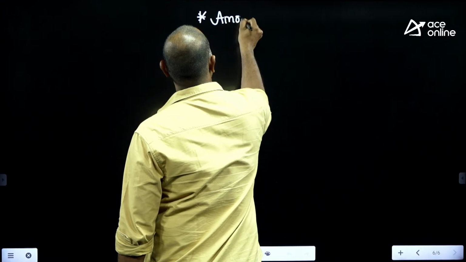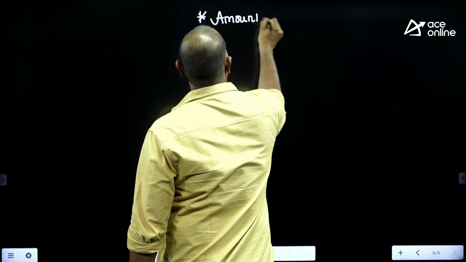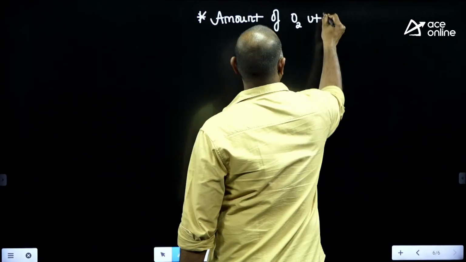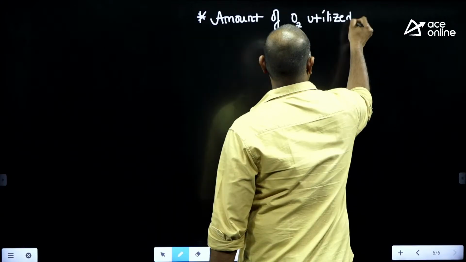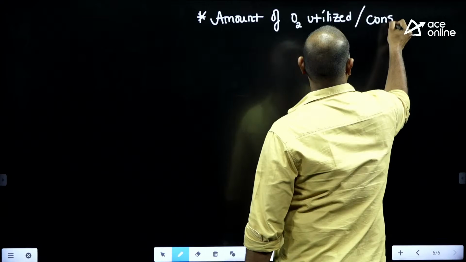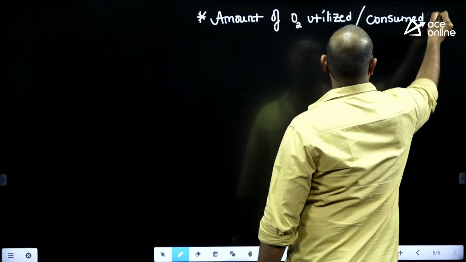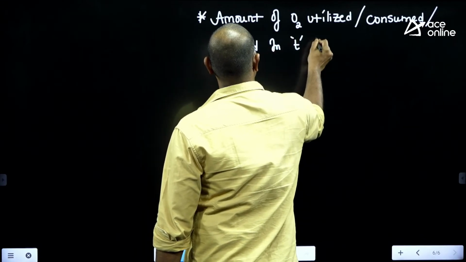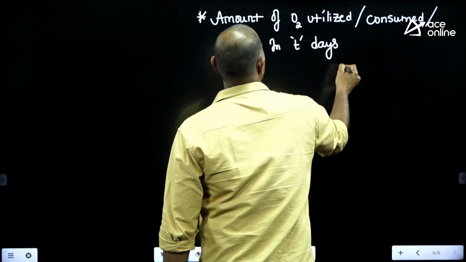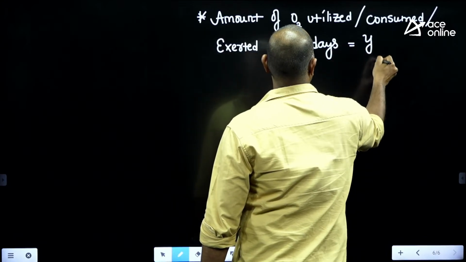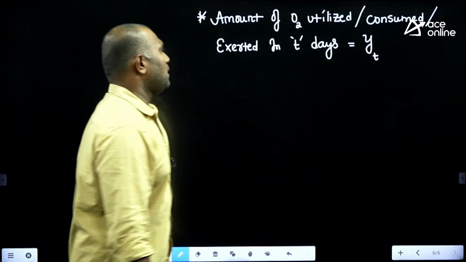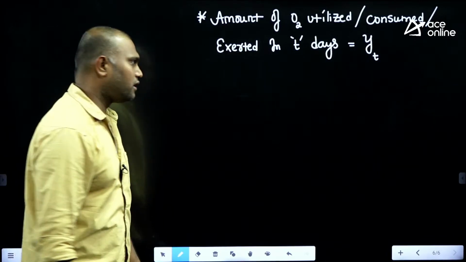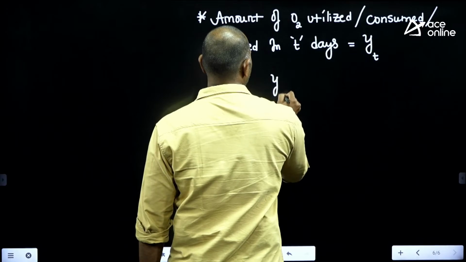Now, the amount of oxygen utilized or consumed or exerted in T days is equal to YT. And how to find this YT?